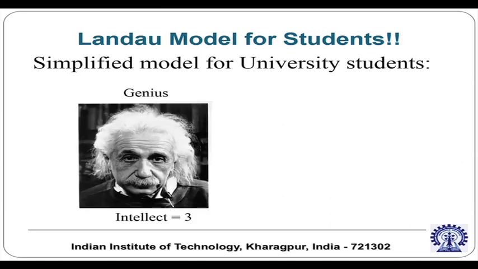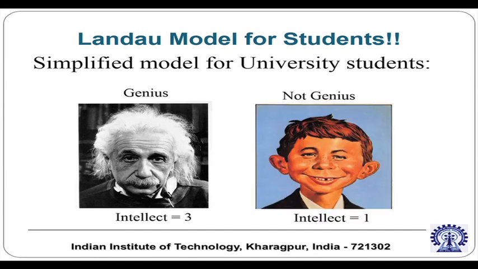As teachers, our regular work is to teach students. So now there is a university in which you have students who are rated by a number from 1 to 3.